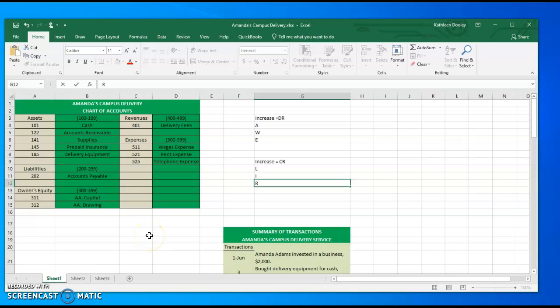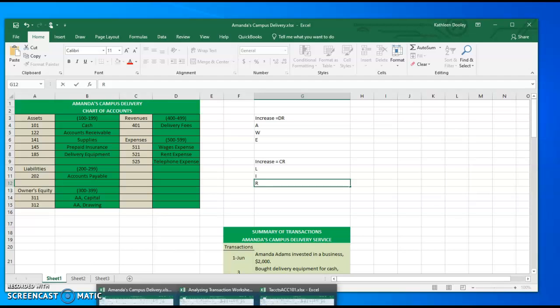We're also going to put these on sheets, and this is going to take more than one video. So this is the first part of the video. We'll get as far as we can, and then you'll have to go on to the second part. So the first transaction: Amanda Adams invested $2,000 in a business.